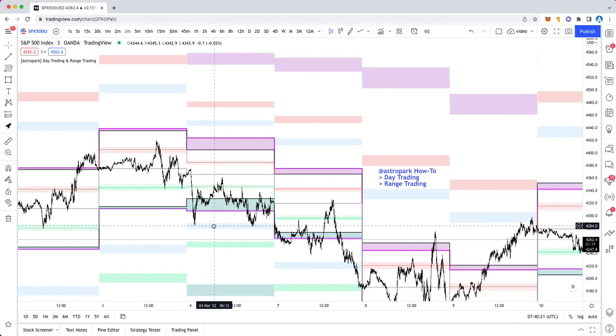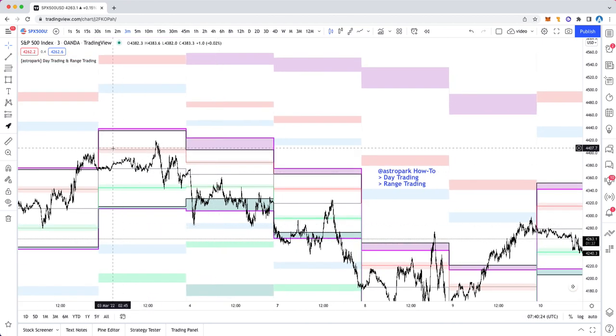What are these red, green and this silver levels? Inside this daily range you have an internal resistance range, an internal support range, while the silver is the center.